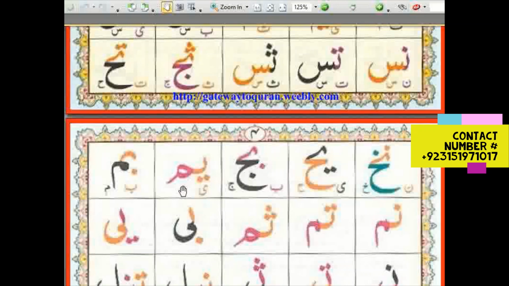Ya, mim. Ba, mim. Noon, mim. Ta, mim, sa.